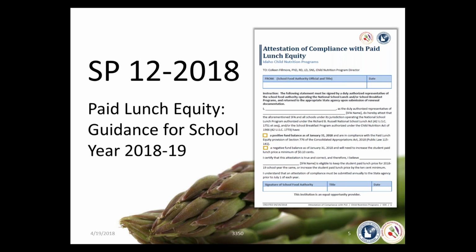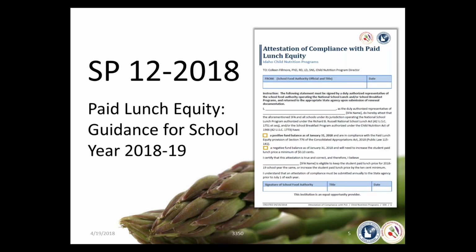This memo provides notice that any SFA with a positive or zero balance in its nonprofit school food service account as of January 31st, 2018 is exempt from PLE requirements found at 7 CFR 210.14E for school year 2018-19.